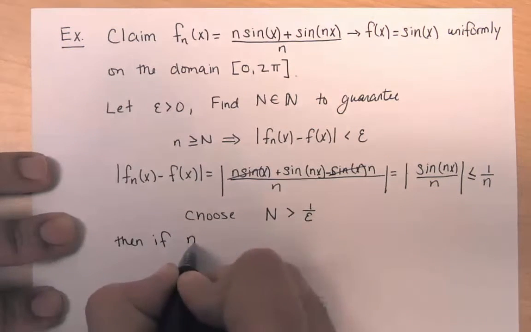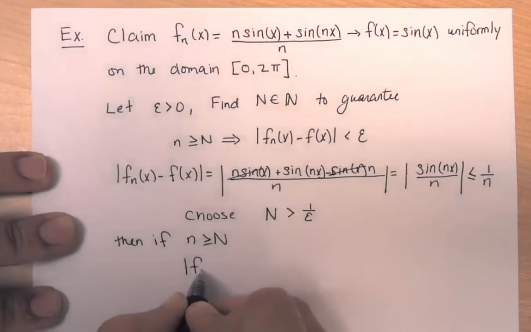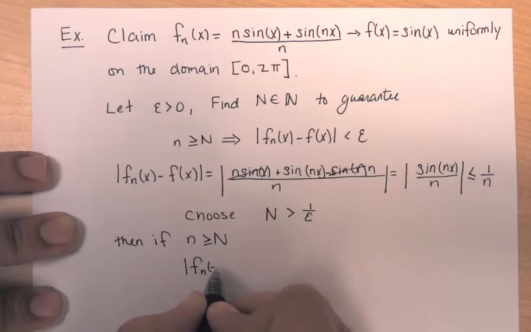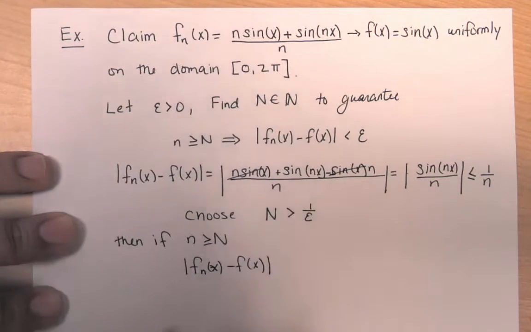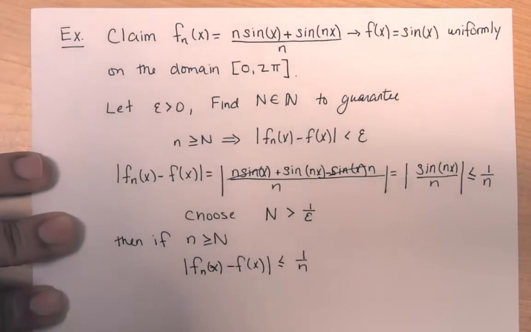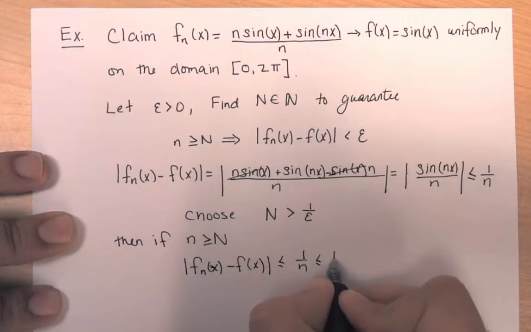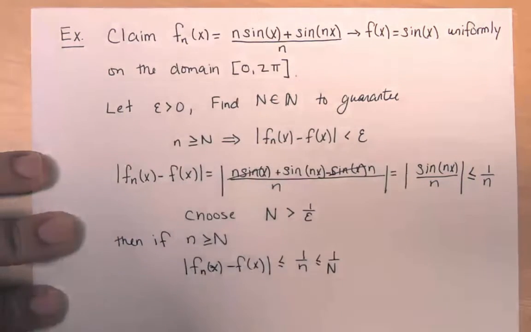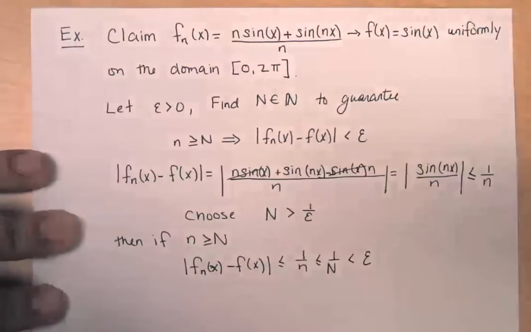Then if n is greater than or equal to N, f_n of x minus f of x, as we just pointed out, is less than or equal to 1 over n. And if n is greater than or equal to big N, 1 over n is less than or equal to 1 over big N, which is less than or equal to epsilon, and we've proven our result.